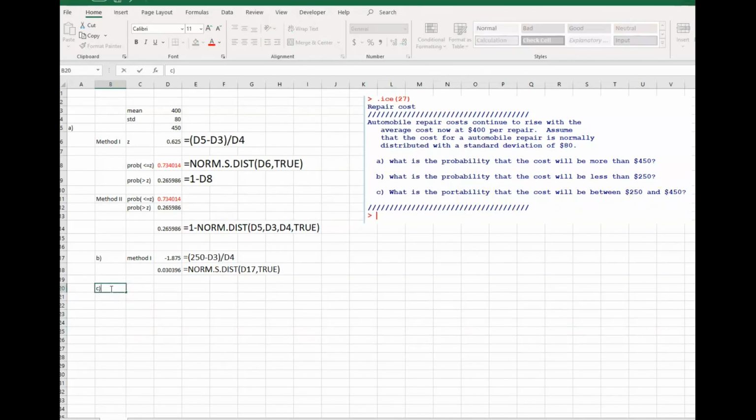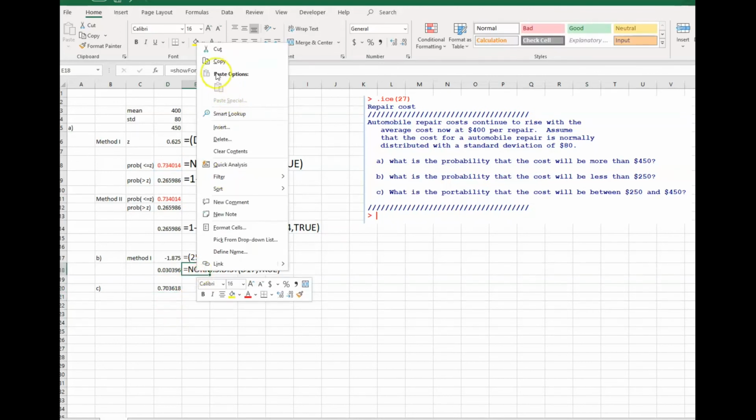C, what is the probability between 250 and 450? So this is C, and we know the first one. You see the 450 is this one, and 250 is this number. Then actually we can get our result very quickly.